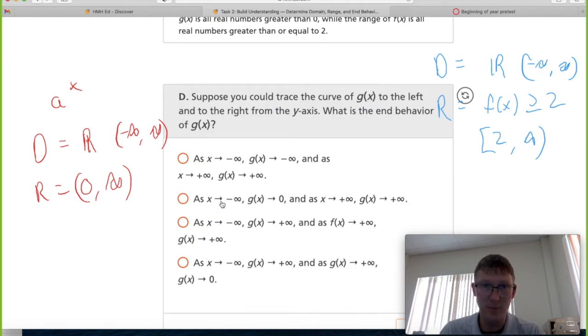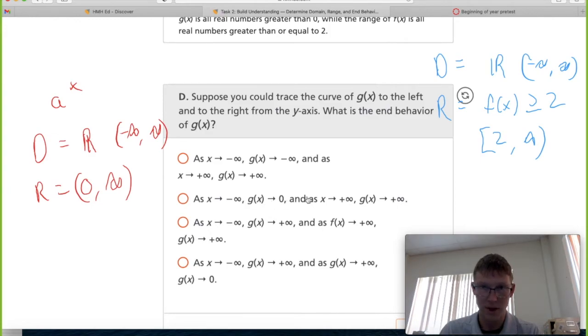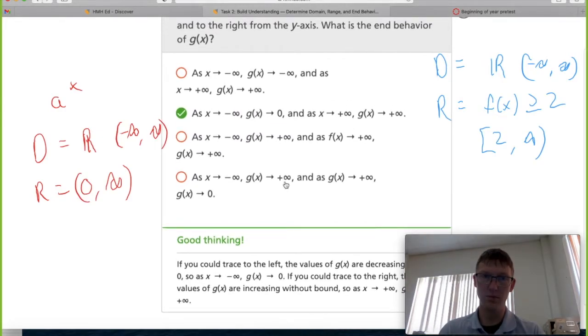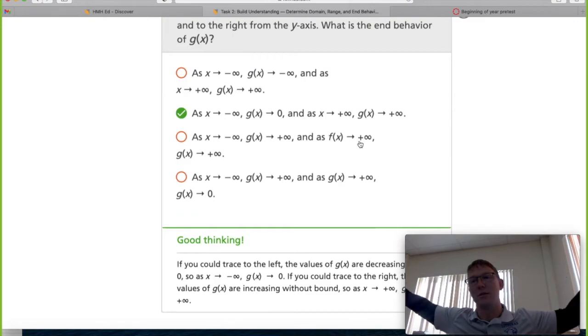As x approaches negative infinity, g of x approaches 0. And as x approaches positive infinity, g of x approaches positive infinity. Woo! So again, domain is your x values, range is your y values, and end behavior is what the graph does that way.